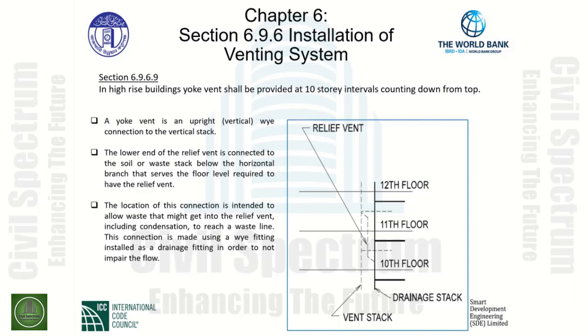As we can see, the drainage stack, which is our solid line, comes up into the 10th floor. We take and install an upright Y connection into this vertical drainage stack and provide a bypass into the vent stack and tie into or connect into the vent stack with another Y fitting that is inverted in the other direction.